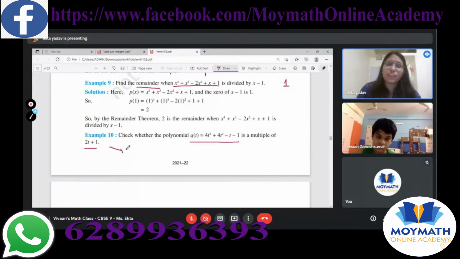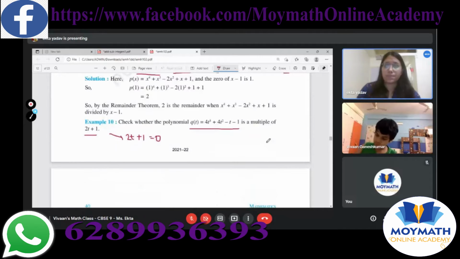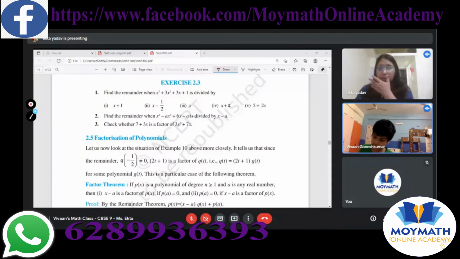So equate 2t plus 1 to 0 and find the value of t, and put that value in the polynomial. If it satisfies, that is, if the value comes 0, then it is a multiple. So t will be negative 1 by 2. Then put this t value in. Is it coming 0? Then it is a multiple.